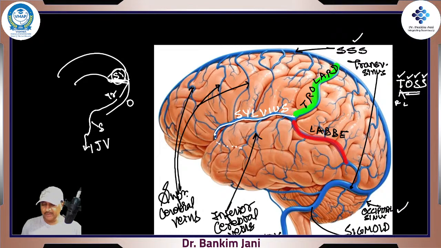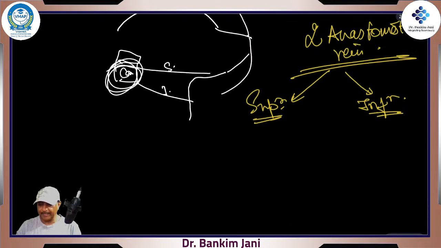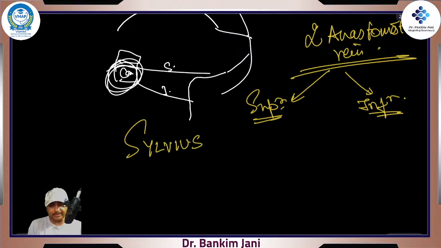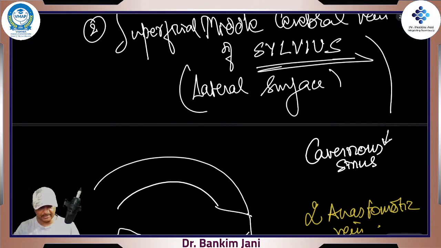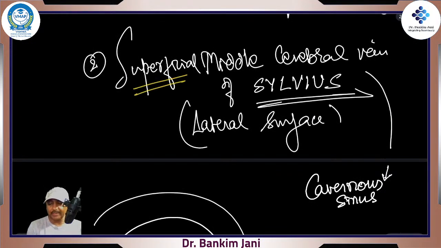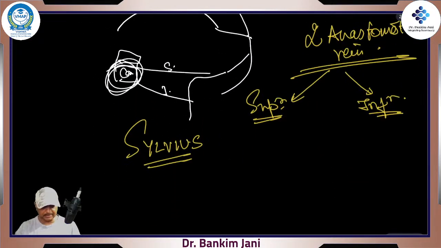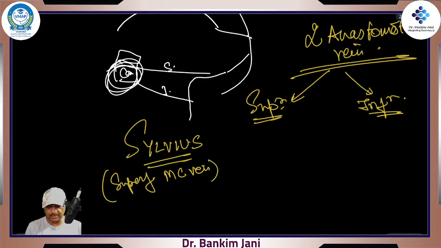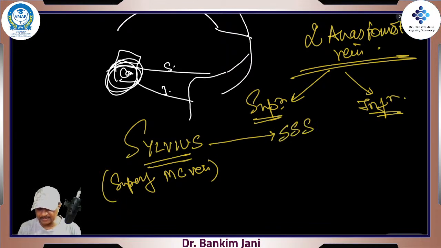So what are they doing? Basically connecting the Sylvius. The Sylvius is our superficial MCV, superficial middle cerebral vein. So from the Sylvius, this gives the anastomotic link to the superior sagittal sinus.